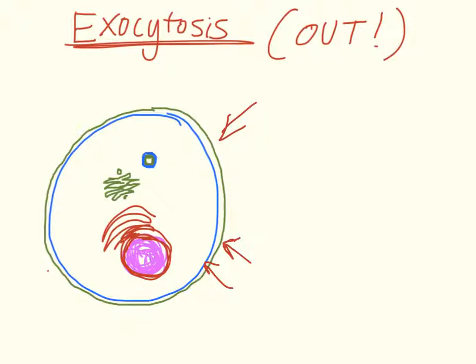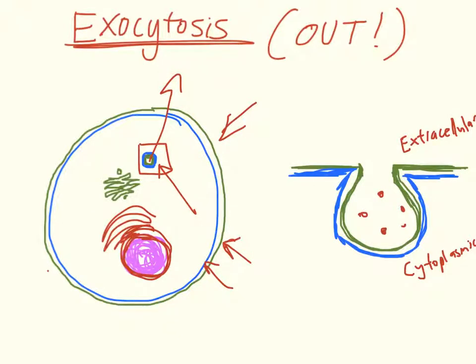And now, as the vesicle buds off from the Golgi apparatus, and it contains the molecules to be released into the environment, notice the colors of the two layers. The outer layer is blue and the inner layer is green. And the reason for this is because when the vesicle fuses with the plasma membrane, essentially it all reverses.